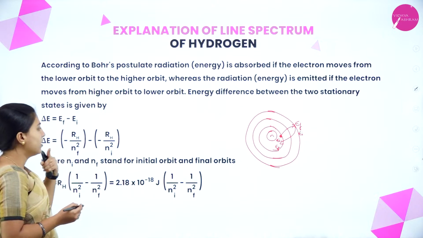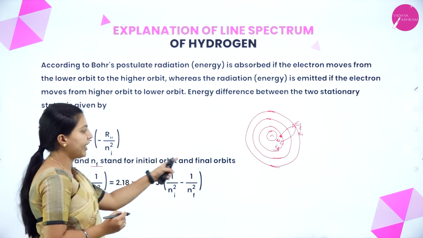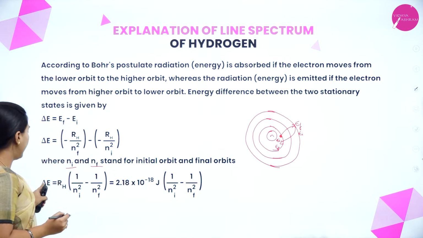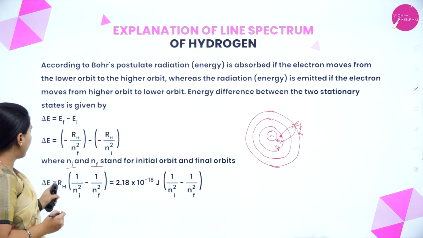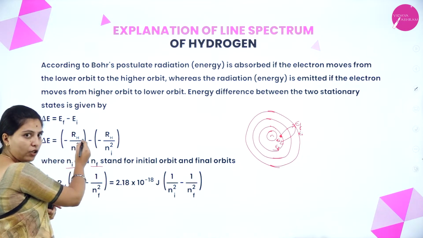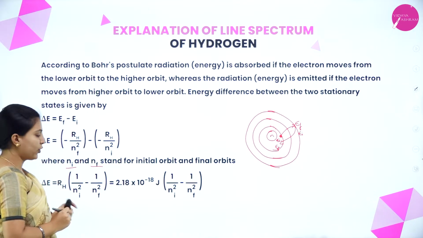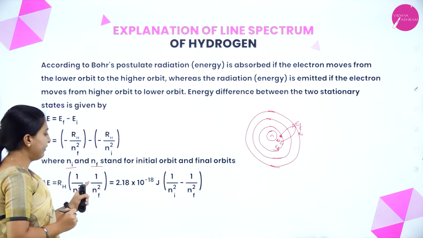Here Ni and Nf stand for the initial orbit and final orbit. Taking RH common outside, delta E equals RH times 1 by Ni square minus 1 by Nf square.